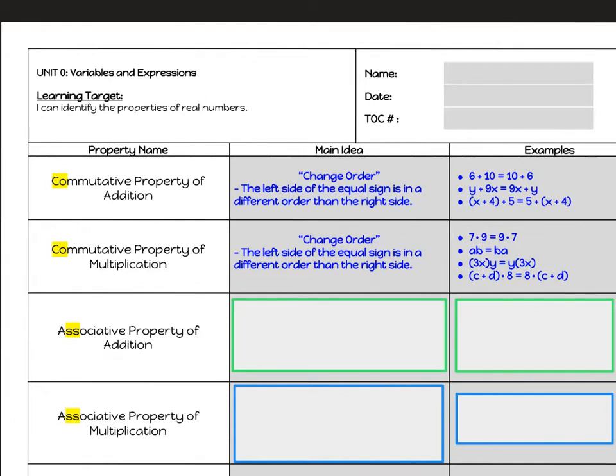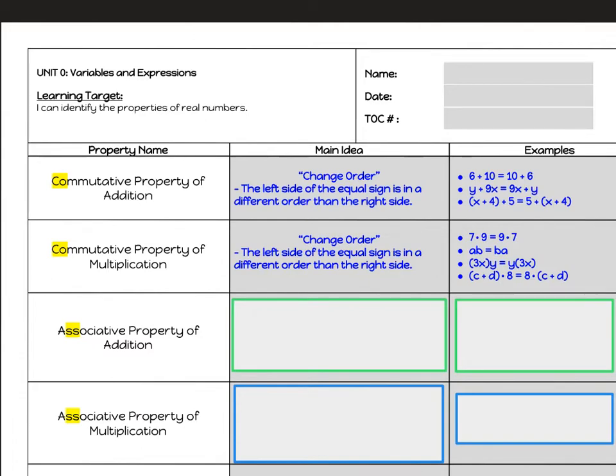As we work down with our examples, we're going to see variables, we also see parentheses, we see other operations besides multiplication. The last one has addition in it. But basically just refer to that first example.